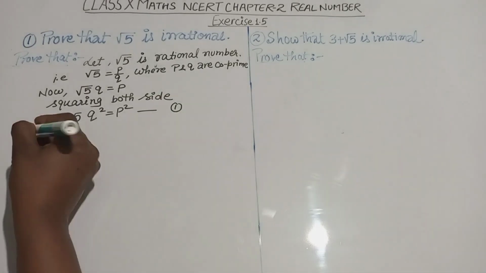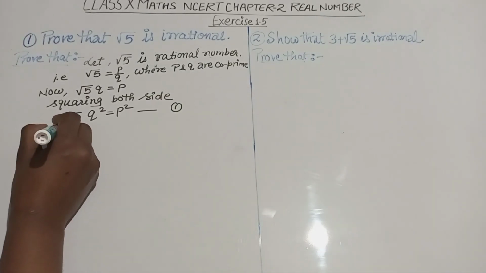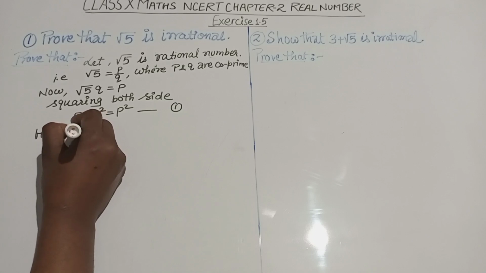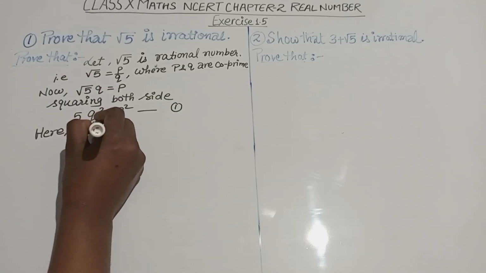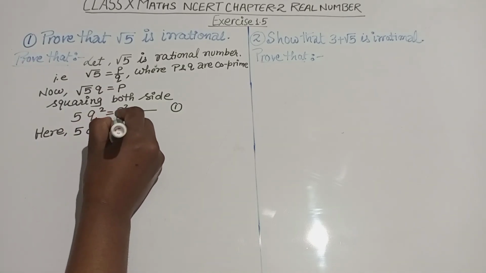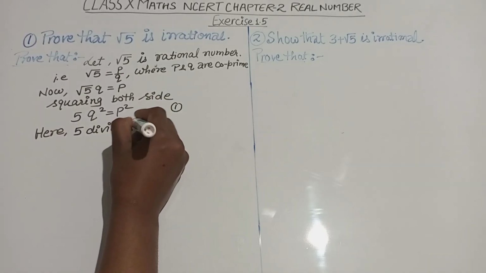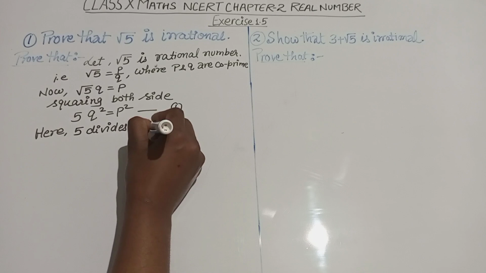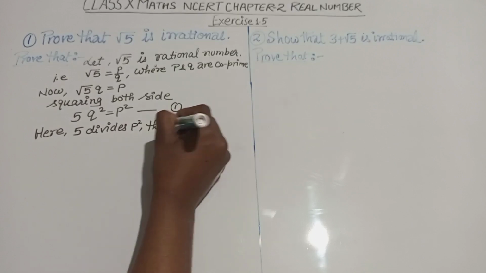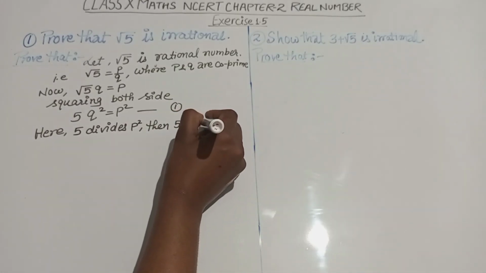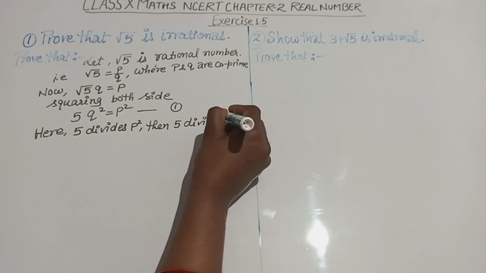Here 5 divides p square, then 5 divides p also.